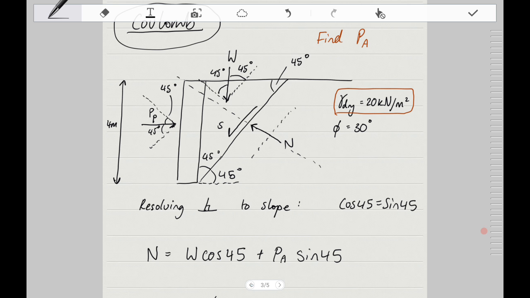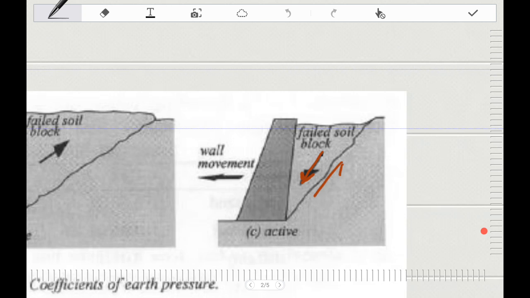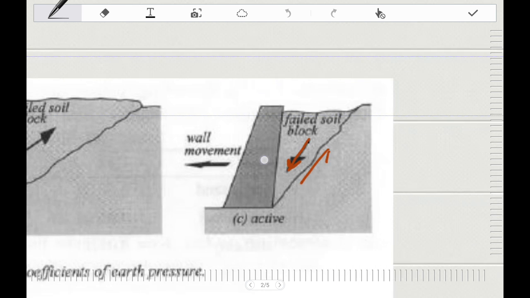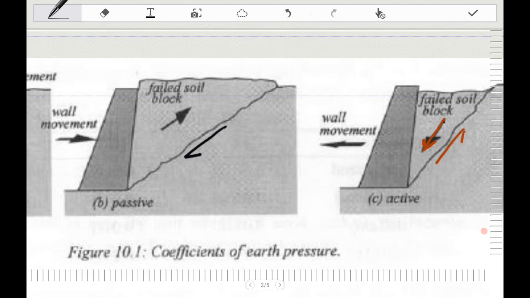And if you think of why that is the case, if I go back to these drawings, there we said that because the soil fails in the downward motion, down the slope, your resistance would be up the slope. Same thing is the case here. Now your soil is going up the slope, so your resistance would be down the slope.